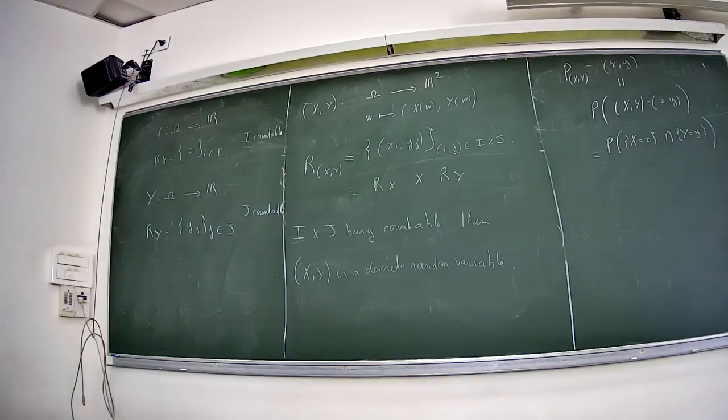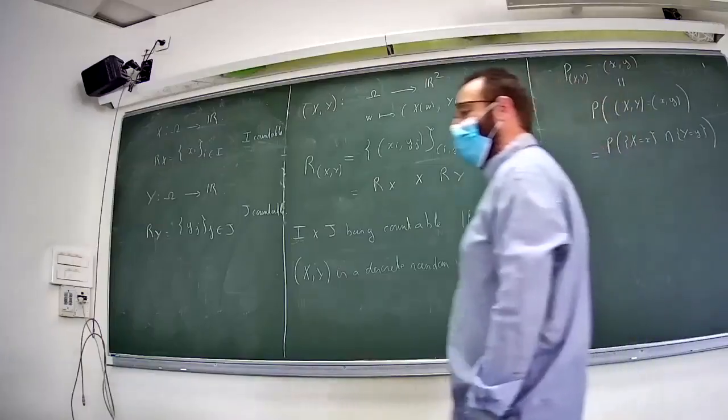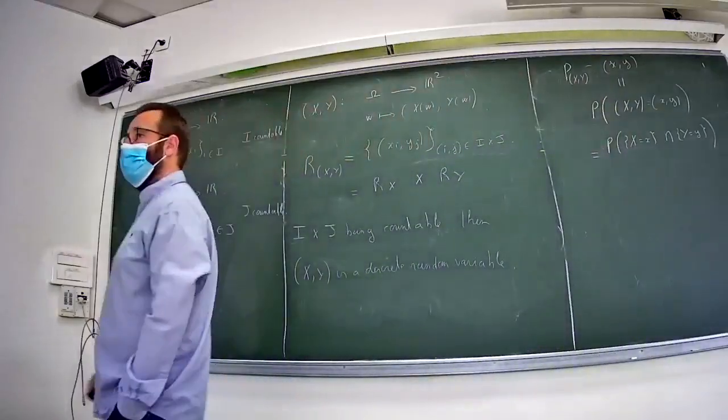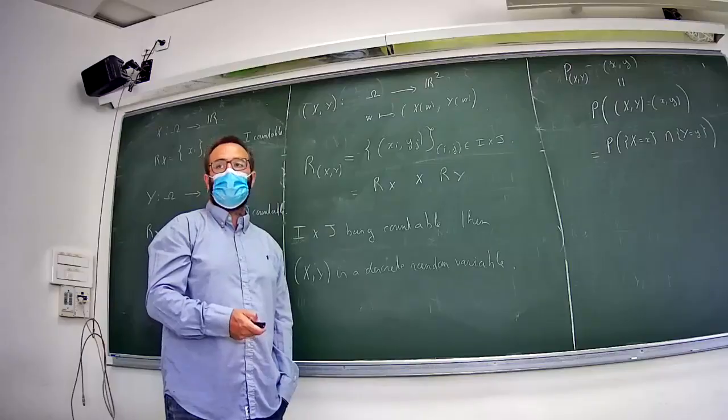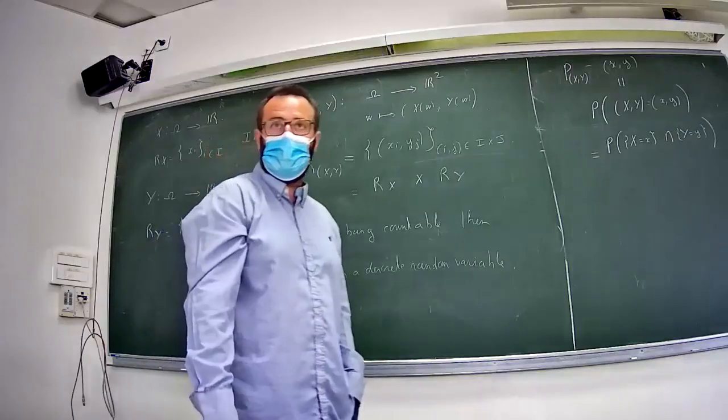Meaning that the probability of the intersection will just be the product of the probabilities. So if I give you a joint distribution, you will be able to check if you have independence or not, if you are able to write the joint distribution as the product of the distribution of each component.